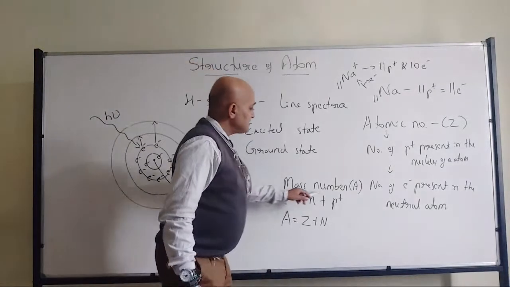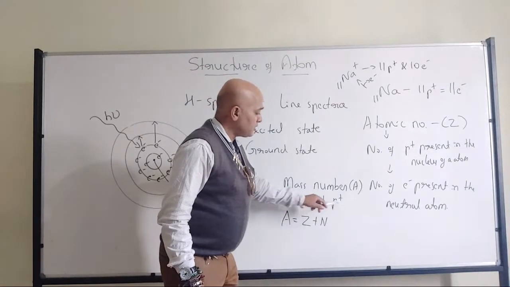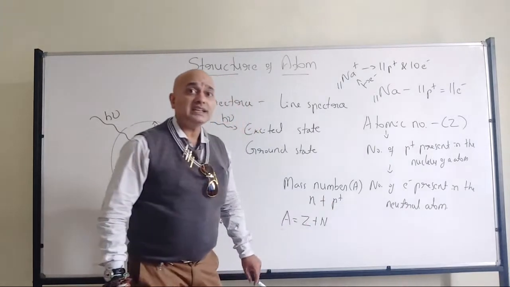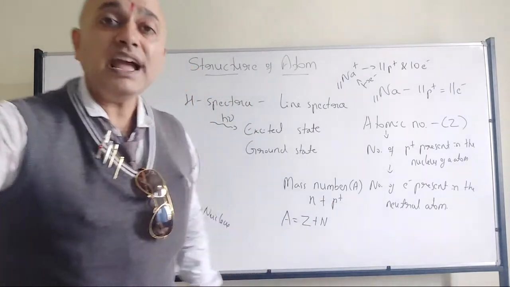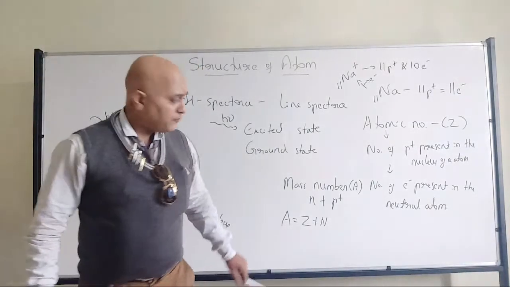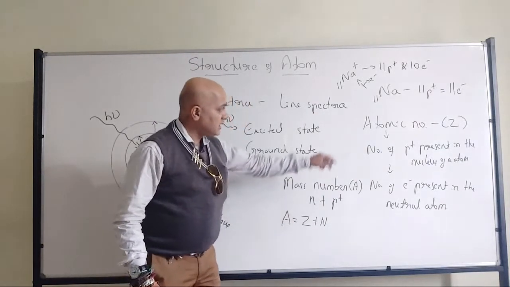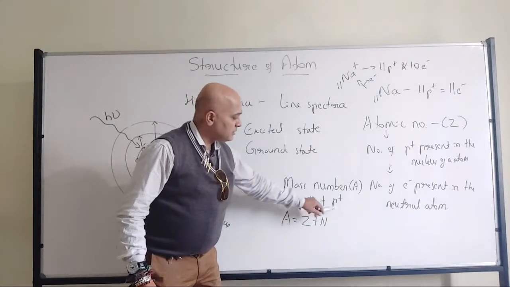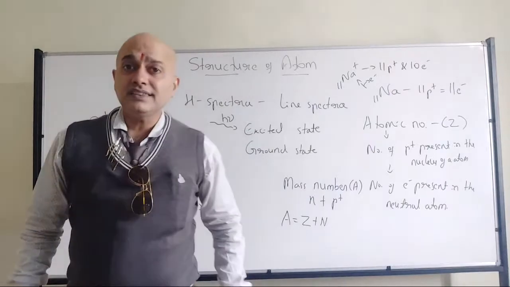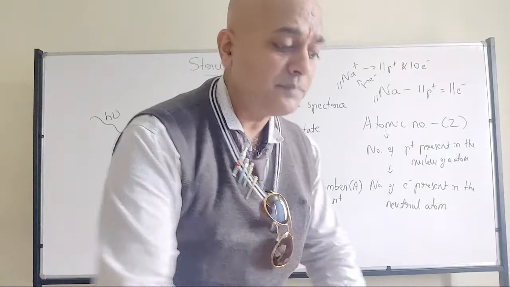Got my point? So the mass number is the number of protons plus the number of neutrons present in the nucleus. The number of protons is the atomic number, plus the number of neutrons; together it is considered the mass number. All of you have understood?